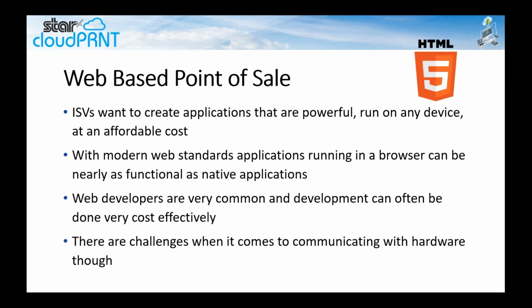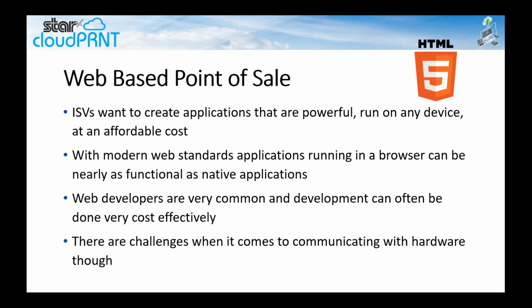So let's talk a little bit about web-based point of sale, because this is where we've really seen a lot of potential lately for the CloudPRNT technology. So as I mentioned, ISVs really want to build applications now that can run on any device. There's so many devices out there: iPads, Androids, PCs, Macs, everything.